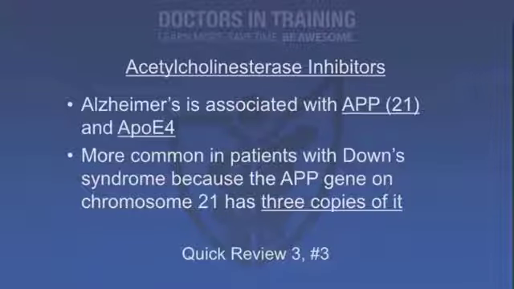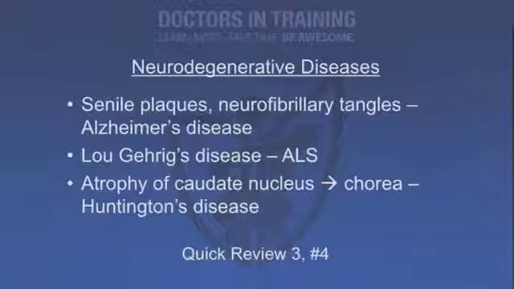Next question. Which neurodegenerative disease matches the following statements? So our choices are Parkinson's disease, Alzheimer's disease, ALS, or Huntington's disease. So senile plaques, neurofibrillary tangles, easy, Alzheimer's disease. Lou Gehrig's disease, he's a famous New York Yankee baseball player, and that's why we know ALS.